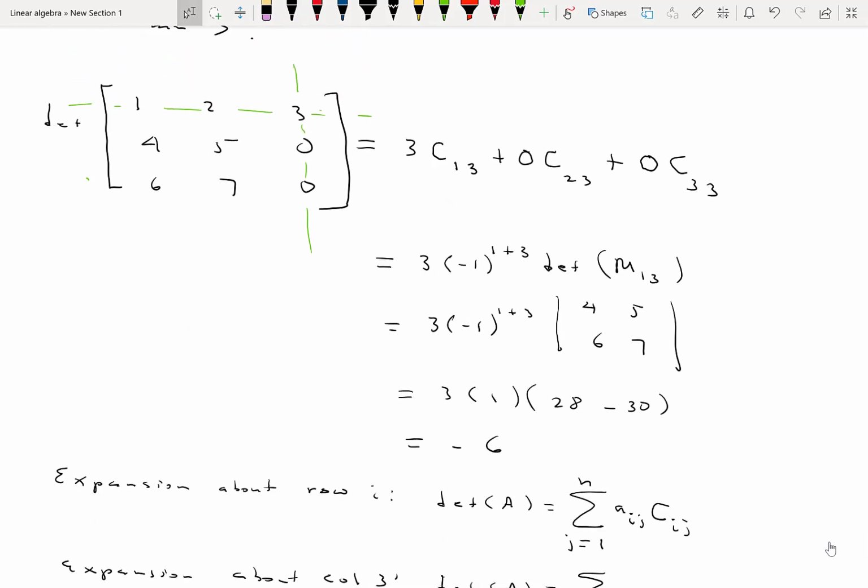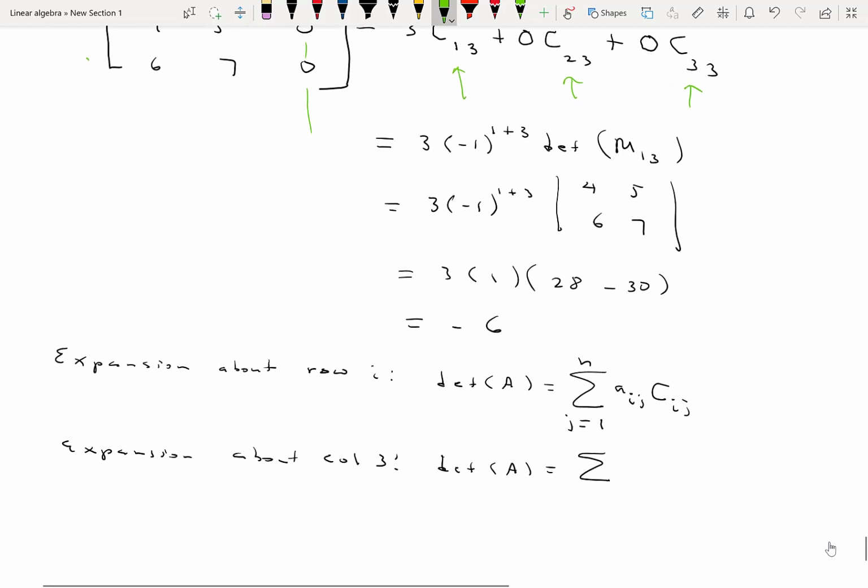And notice that in the sum, the first number in the lower index changed. So we're not summing along J's now, we're summing along I's. I, the row, changes from 1 to 3. a_i3 times C_i3.